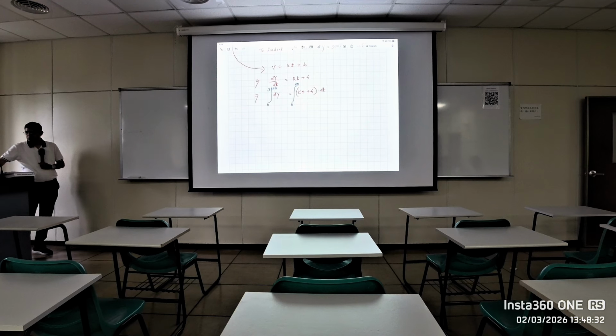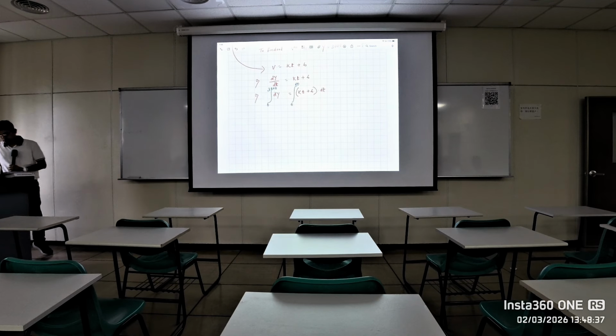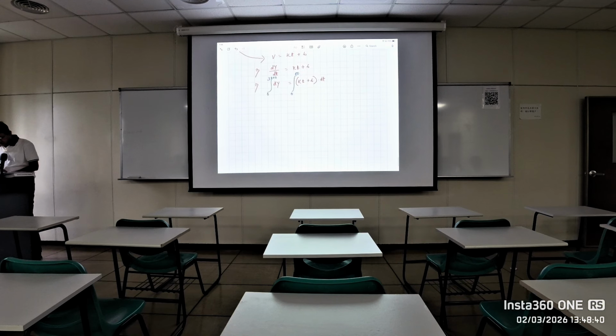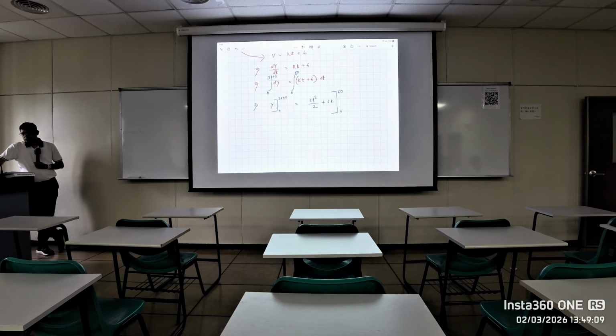So the integral of 0 to 3000 is equal to kt square by 2 plus 6t, and here the range is 0 to 60.